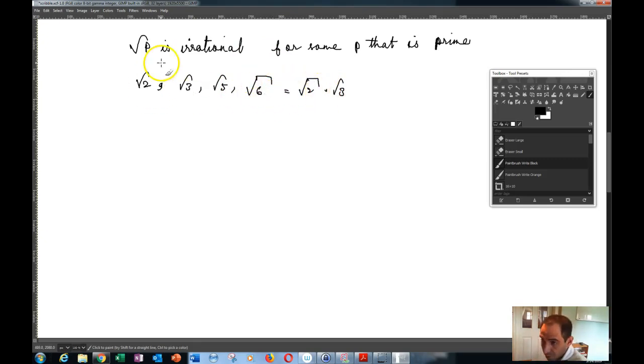So that's basically what we want to do here. Now, in order to do that, we need something called the Fundamental Theorem of Arithmetic.